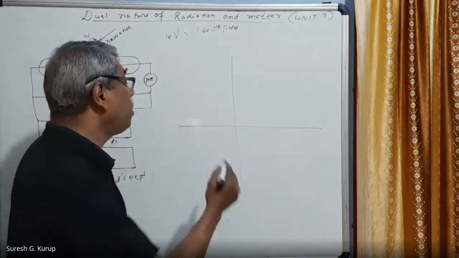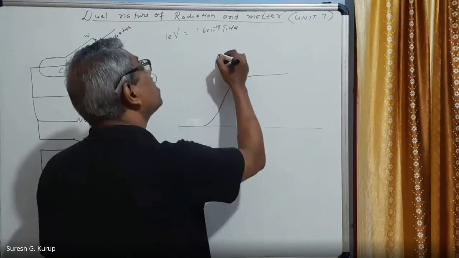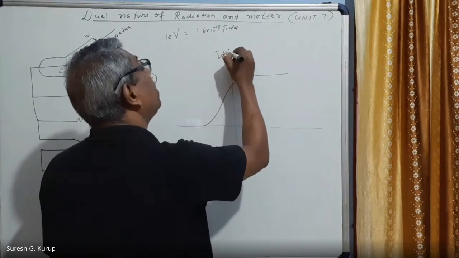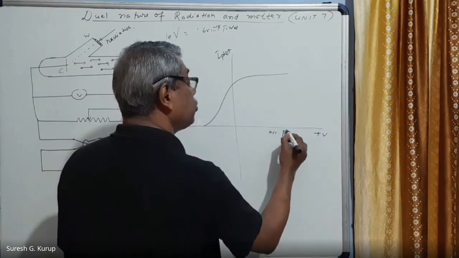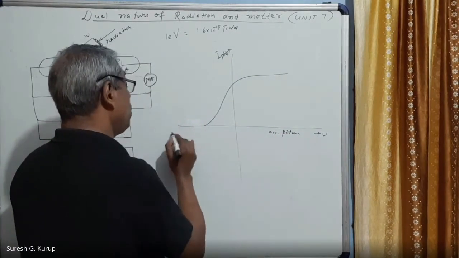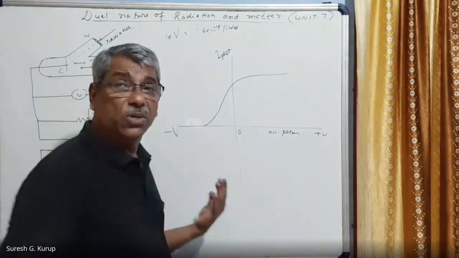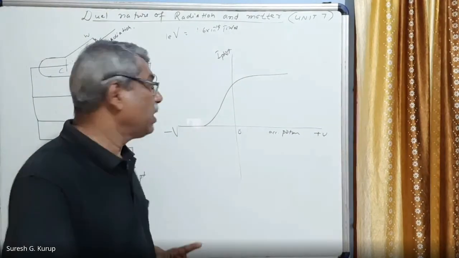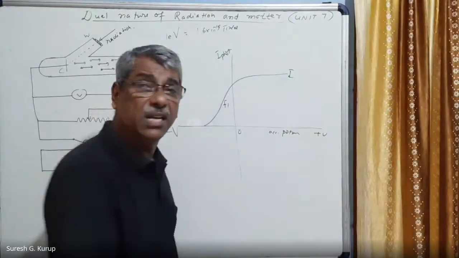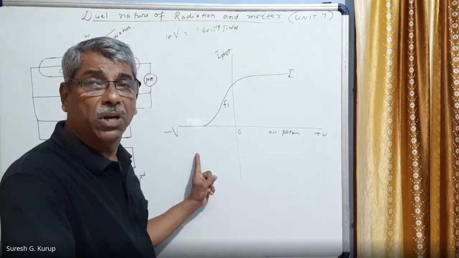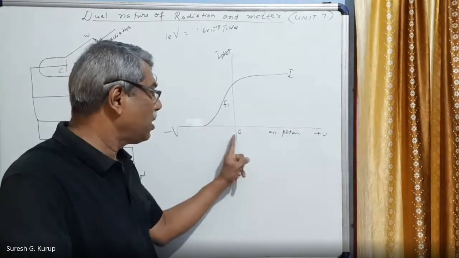For one particular frequency, this is the photocurrent I, this is the positive accelerating potential, and this is the negative potential. So this is zero. One frequency we have taken, that frequency is F1, and the intensity is I only.